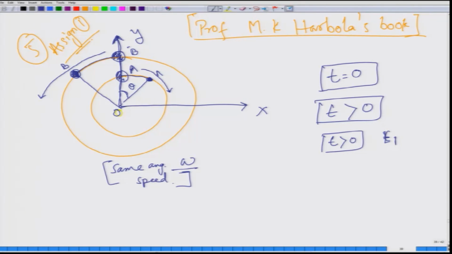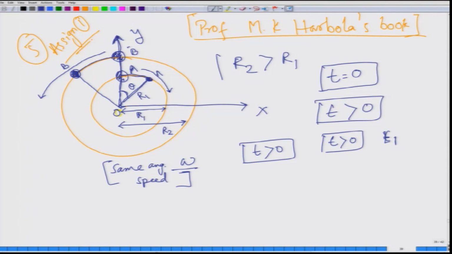Now at any time t greater than 0, particle A will reach here. So I can see this is R1, the radius of the first circle, and the radius of the bigger circle is R2. So R2 is greater than R1.